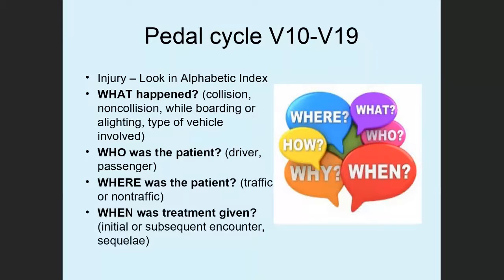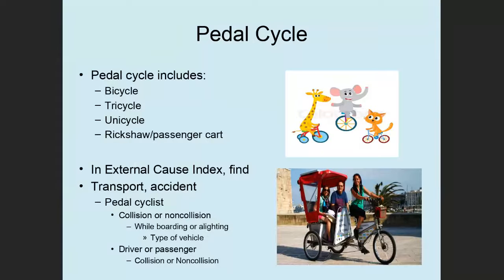So next, let's look at pedal cycles. The questions to ask for these are, what happened? Who was the patient? Where was the patient? And when was treatment given? Now the external cause index uses the term pedal cycle. We're more familiar with bicycle, tricycle, unicycle.